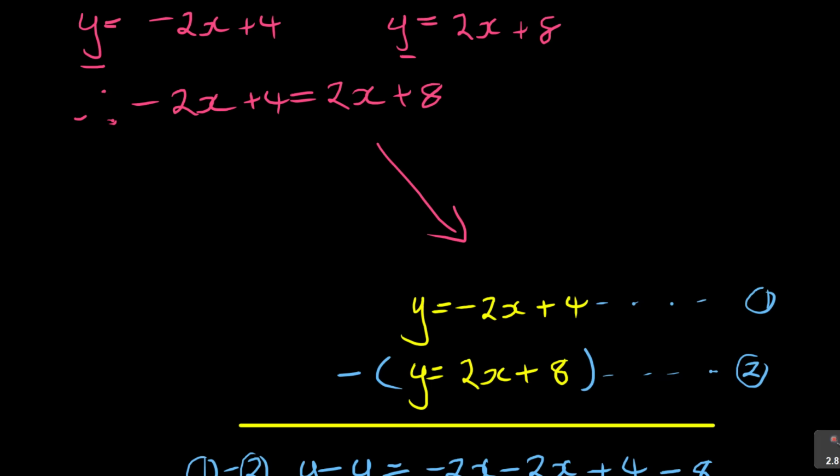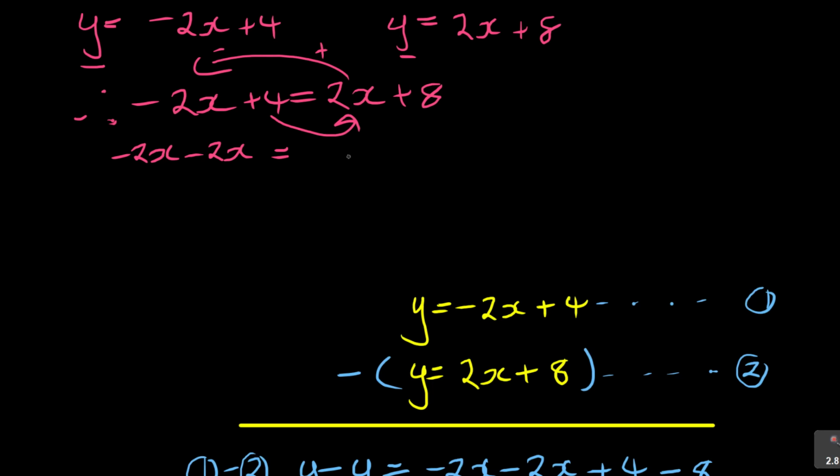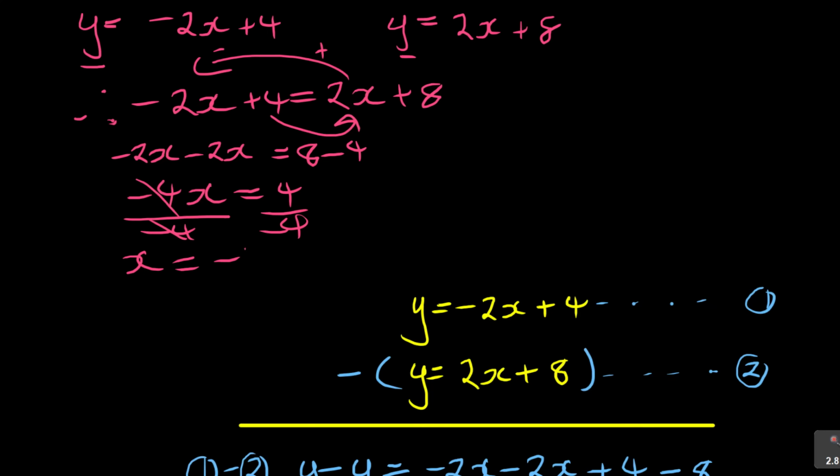And then when they solve it, they take the 2x to the other side: -2x minus 2x is equal to 8 minus 4, from positive to negative. So -4x is equal to 4. You divide by -4 both sides. Therefore, x still gives you -1.